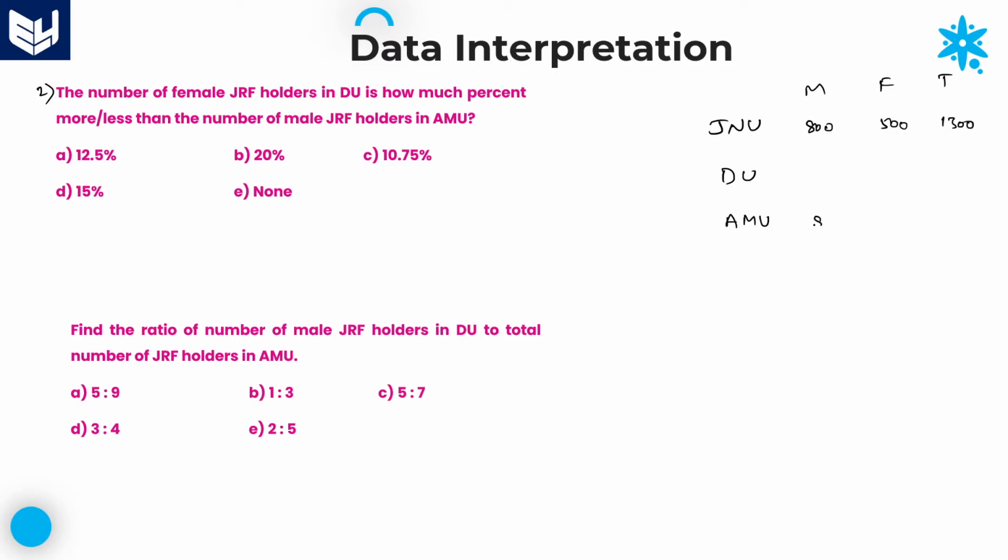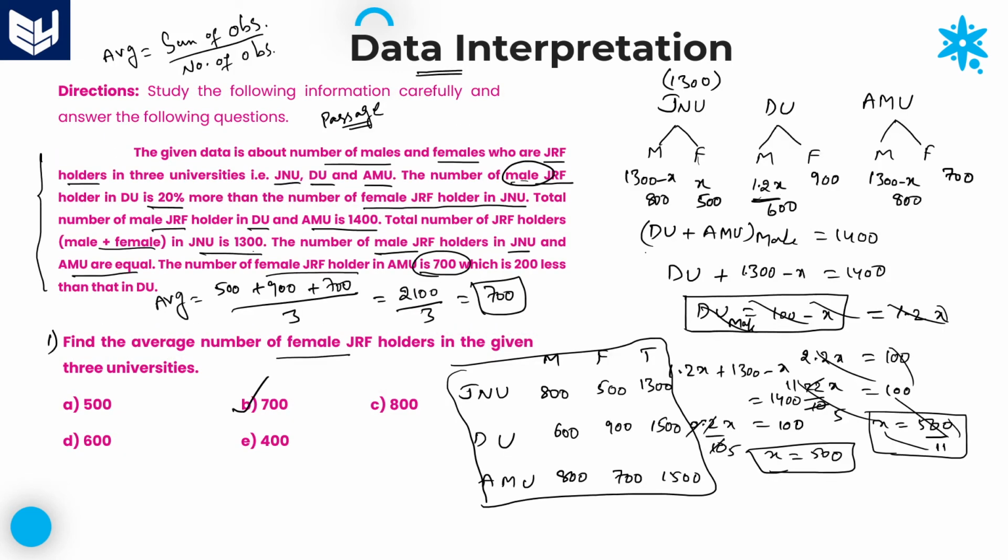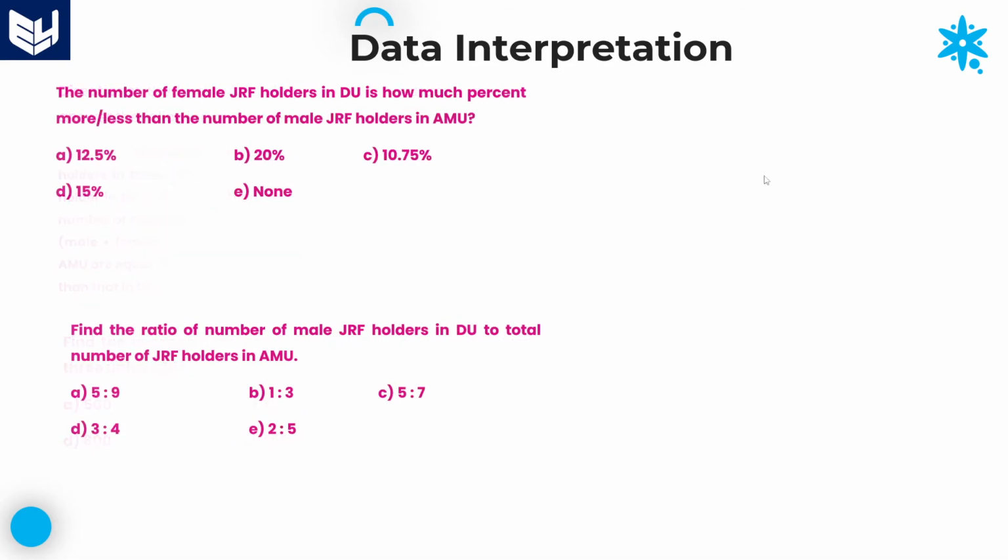Next value, once go back to previous slide, 600, 900, 1500, and next 800, 700, 1500. These are the 3 values for each and every university.